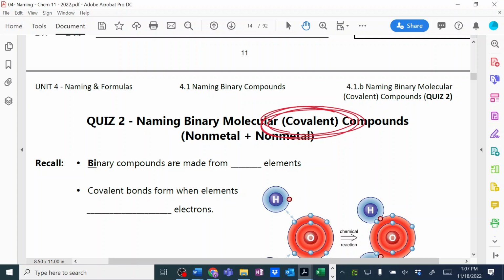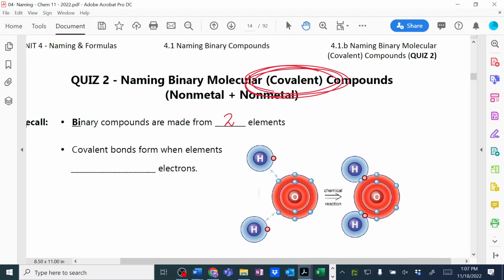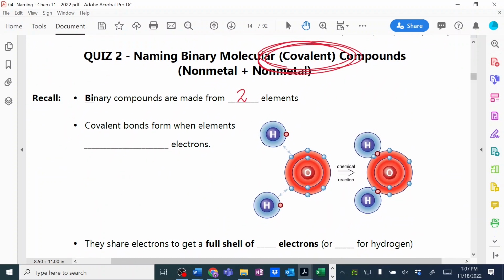Page 12. Binary compounds are made from how many elements? 2, not 2 or more, just 2. Covalent bonds form when elements do what with their electrons? Share.